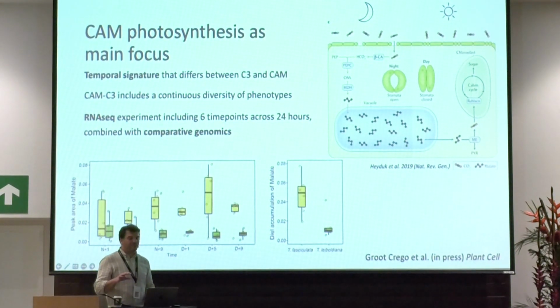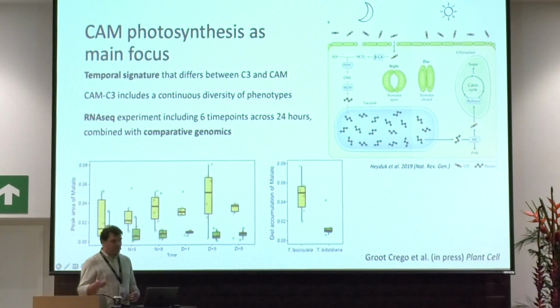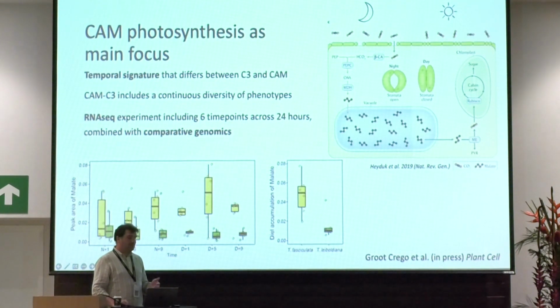Because of that, we wanted to confirm that these two species are CAM and C3. So we did some metabolomics across time points. We sampled the two species at 6 time points and confirmed that Tillandsia leoboldiana, in standard conditions, is a C3 plant, and Tillandsia fasciculata is accumulating malate during the night and using it during the day.